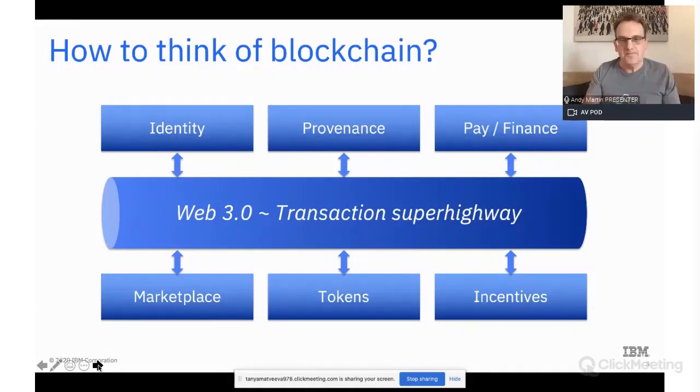So the problem, which we're now fixing, is how can I transfer value in a transaction from peer to peer without anybody in the middle to make sure that that value has been transferred and that there is no double spend. Now, this is hugely transformative for markets because we have decentralized power.